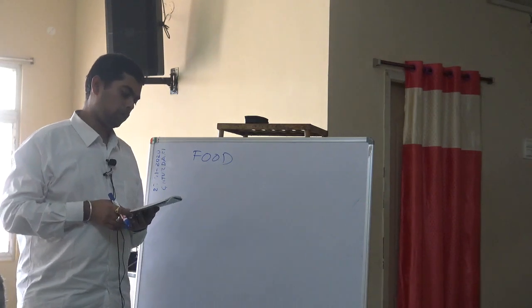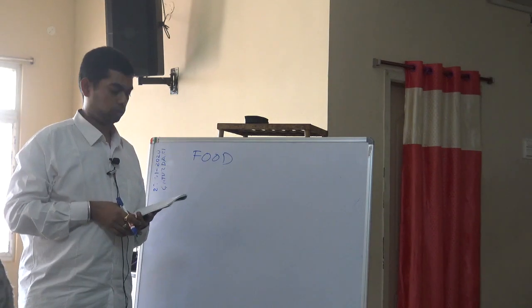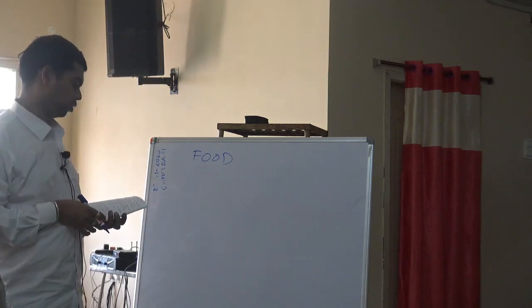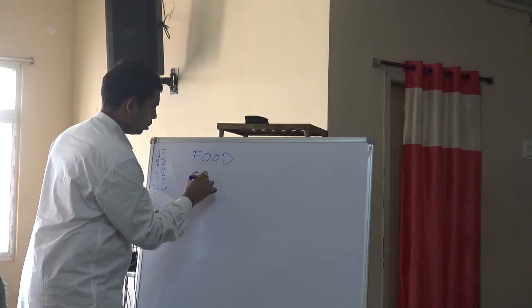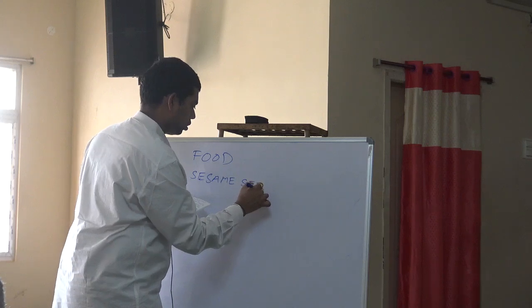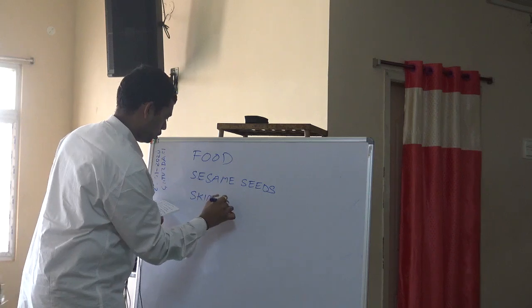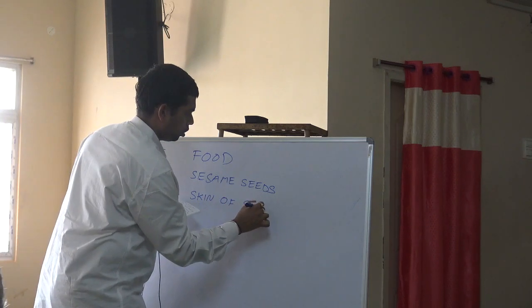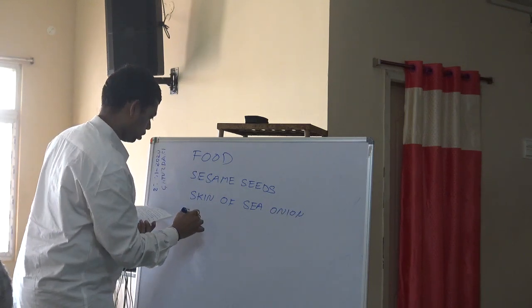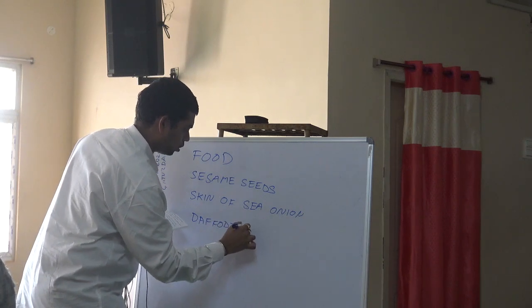So he used it to prepare a special kind of foods and drink when he used it to go into meditation. Sesame seeds and skin of sea onion and daffodil flowers.